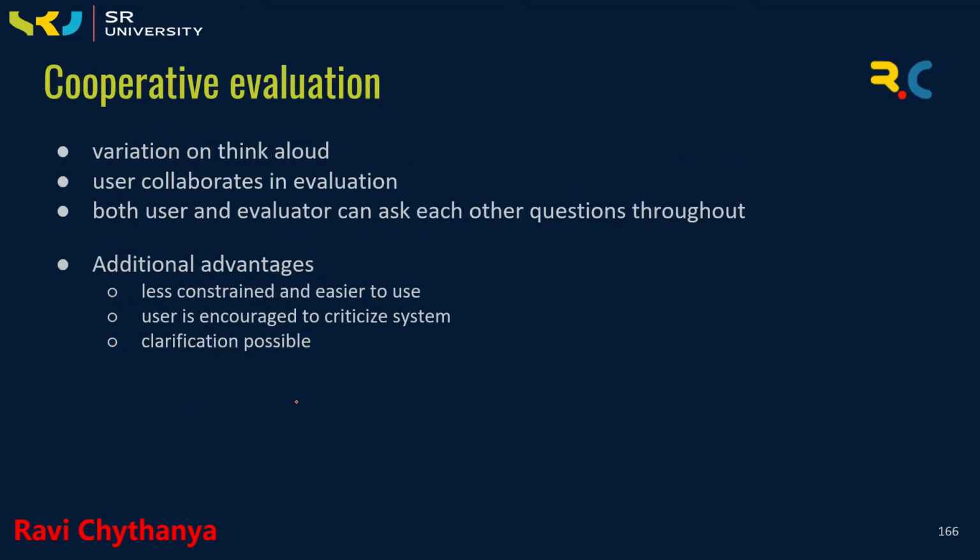In cooperative evaluation, the user as well as the evaluator participate in the evaluation process, and they ask each other questions throughout the task performance. The additional advantages, along with think aloud, are that it is less constrained and easier to use. The user is encouraged to criticize the system, and clarification is possible because the evaluator is also participating in the system evaluation.